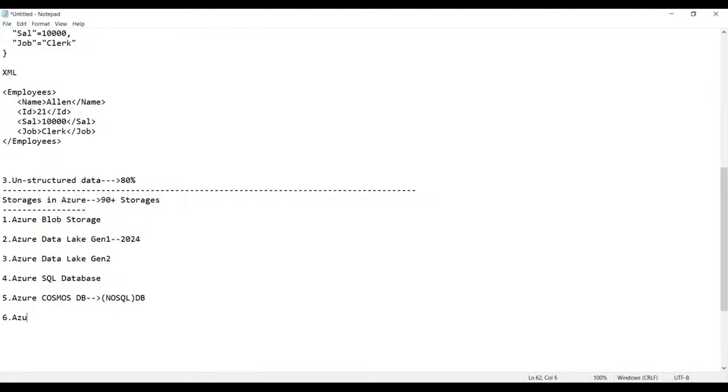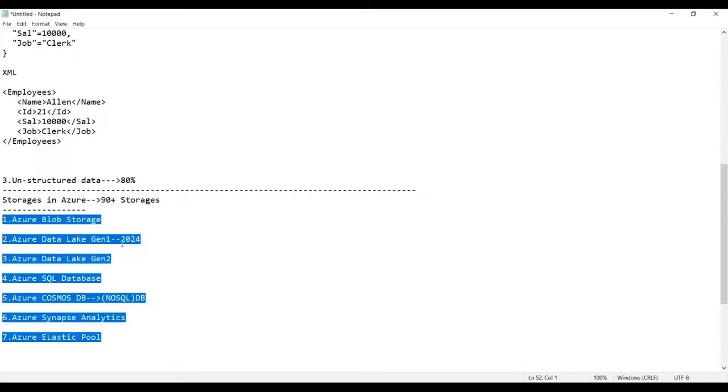we have Azure Synapse Analytics. Likewise, you can have Azure Elastic Pool. That's it, guys. These are all the storages we can have.